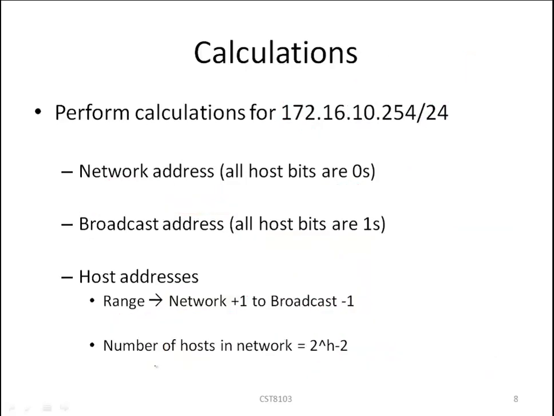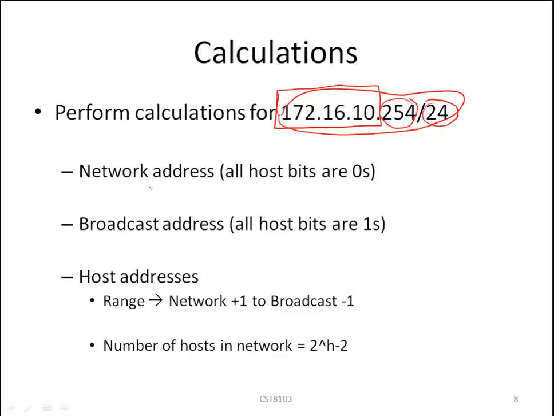So here we want to calculate the three components for 172.16.10.254. So we have this IP address and we want to calculate all three components. As /24, right off the bat we know that the first three octets represent the network ID, and these bits never change. Only this octet will change.